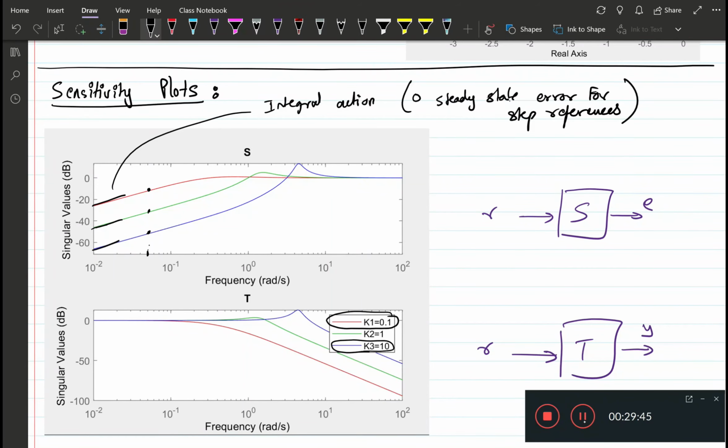So this means that if we increase the gain, we would have good tracking performance at low frequencies. But now let's see what happens at high frequencies.